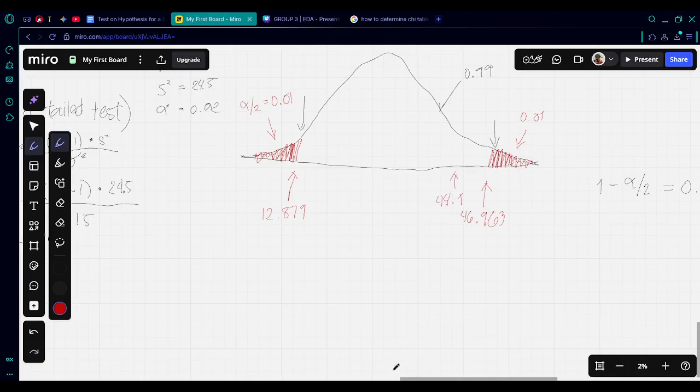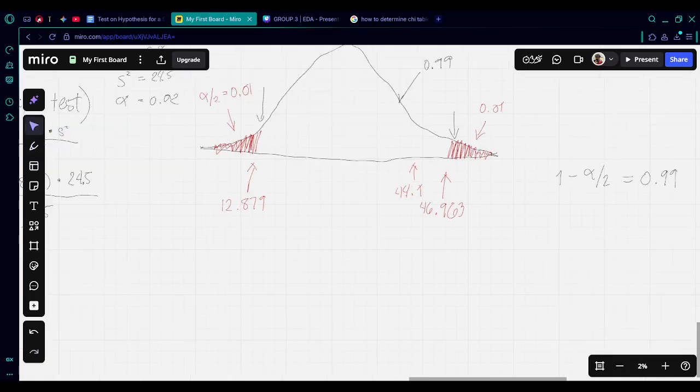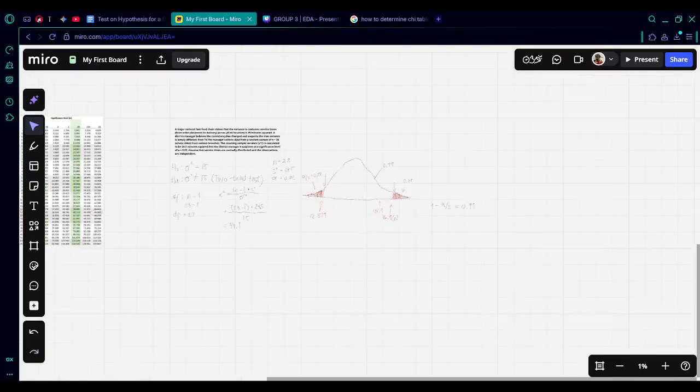What we can conclude here is that since the 44.1 is in between 12.879, which is the left critical value, and 46.963, which is the right critical value, it is in the non-rejection region, leading us to fail to reject the null hypothesis.